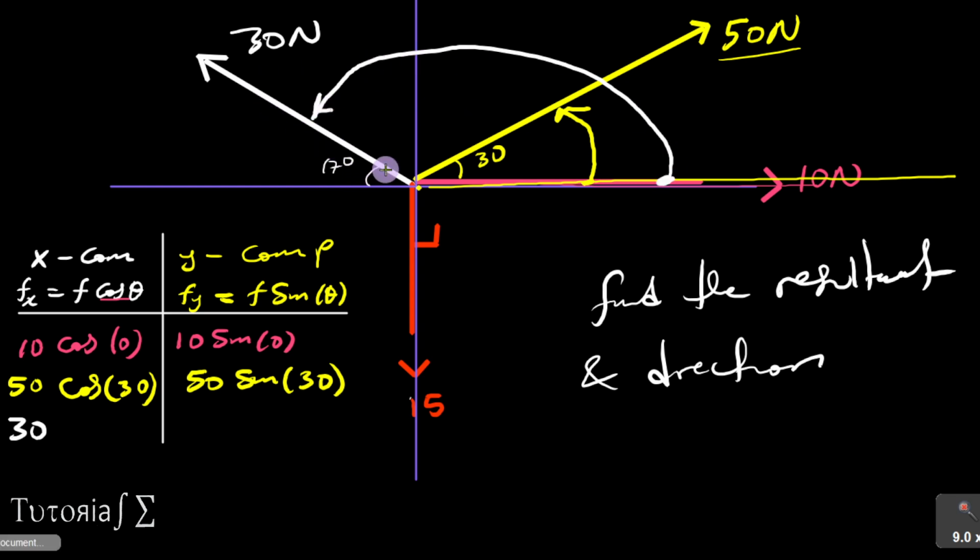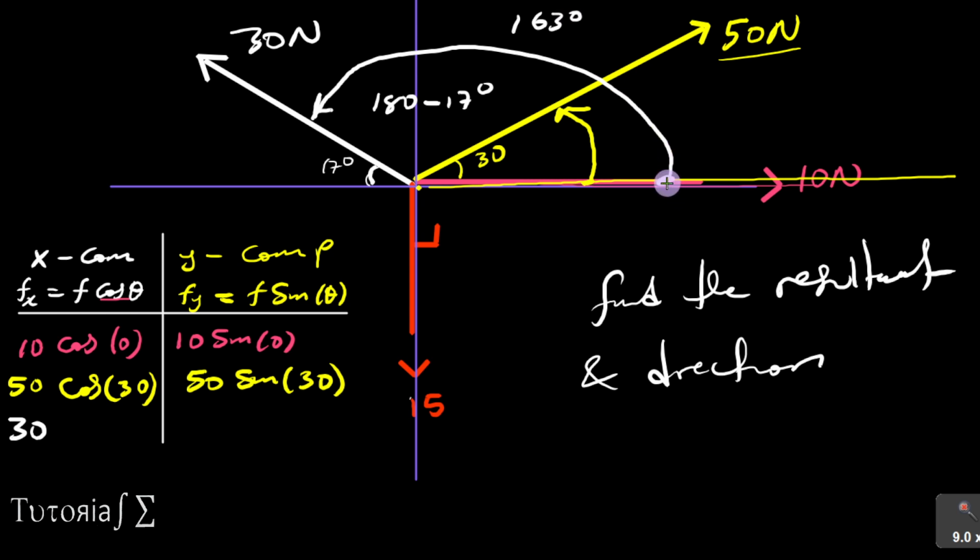So we've been given that this part is 17 degrees, and we know that this straight line is 180 degrees. So this angle will just be 180 minus 17 degrees, which is 163. So this angle is 163 degrees.